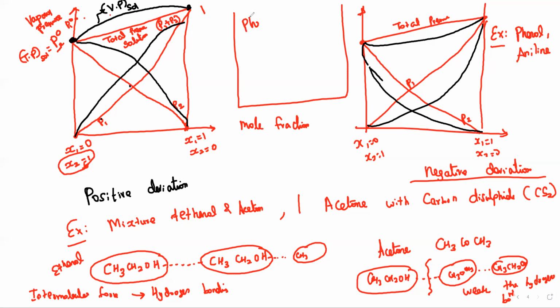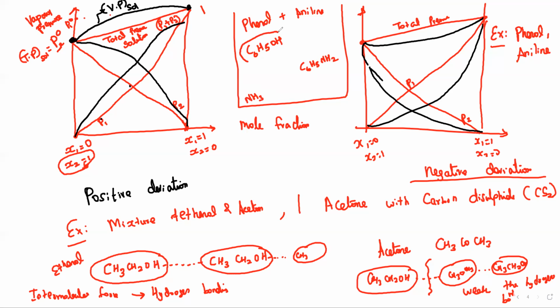Phenol is basically C6H5OH, benzene with alcohol. Aniline is the same thing, C6H5NH2, where NH3 is ammonia, and instead of one hydrogen, a C6H5 benzyl group is added.